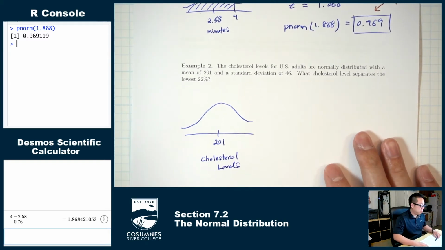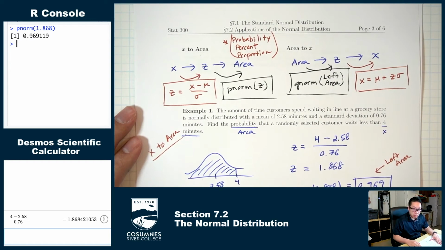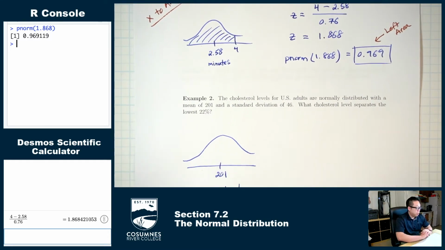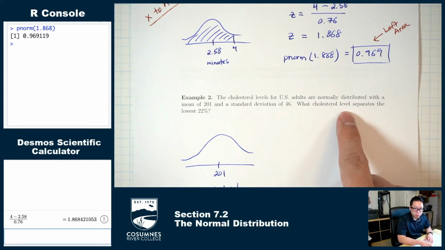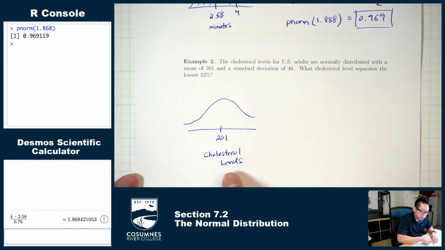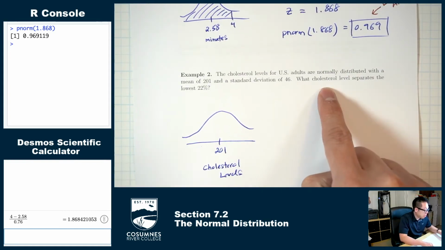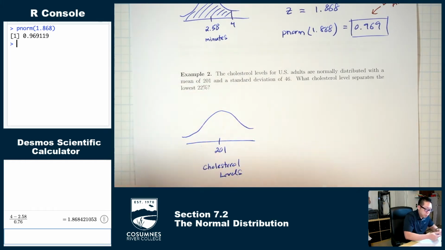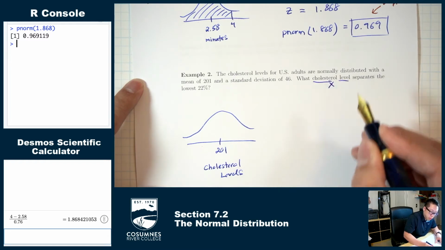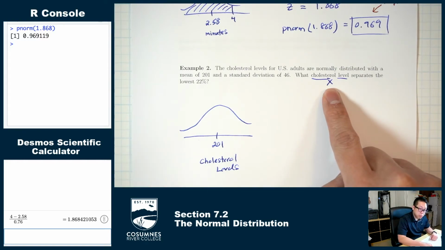And then the first big decision you need to make is: is this an X to area problem or is this an area to X problem? So there's 2 ways you can think about this one. This is saying what cholesterol level. So this one is looking for a cholesterol level as a final answer. And like we just discussed, cholesterol levels are my x's on my x-axis. So this is saying, what x separates the lowest 22%? So I want x as a final answer.